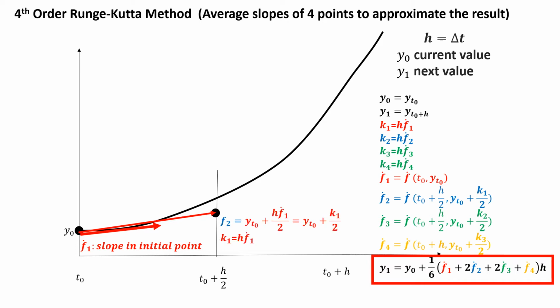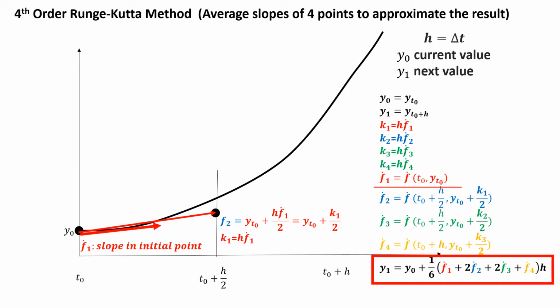So this f2 is the y at t0 plus 2h. So we use the y at t0. The time here is h over 2, delta time over 2, so it will be h over 2 multiplied by the slope. I get it as y equal to 0. We call it f1. So I write here, this is f1.